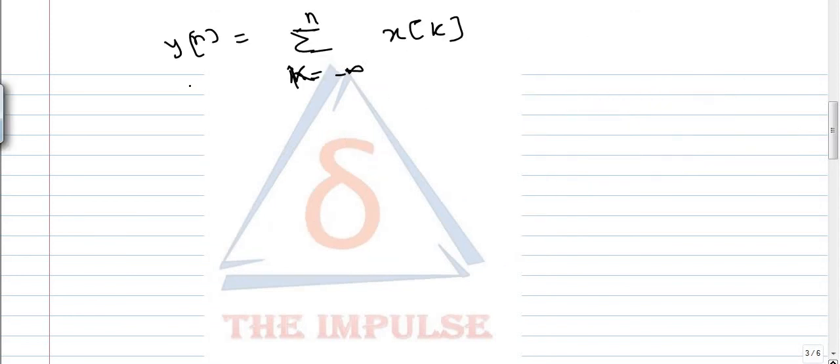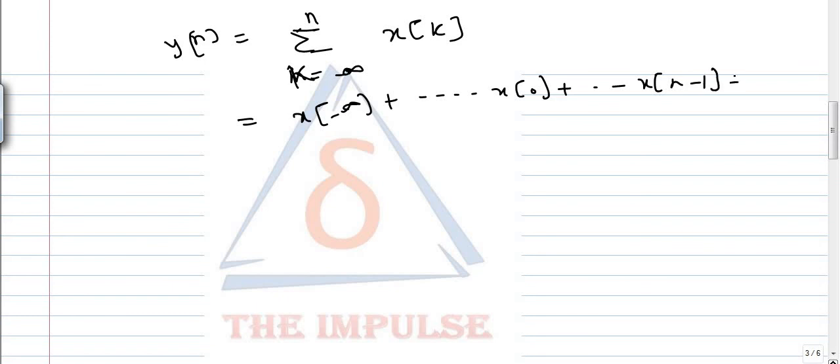Moving to the next question, it is y[n] equals the summation of x[k] when the discrete time k value changes from minus infinity to n. So this particular system can be written like this: x of minus infinity, up to x of 0, up to x of n minus 1, and this x of n. Now take any present value n equals n naught.